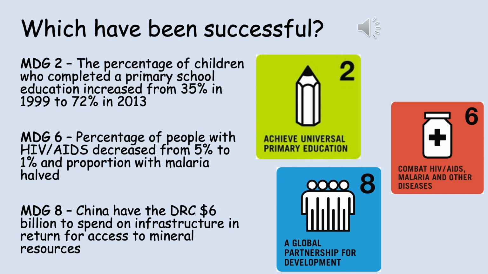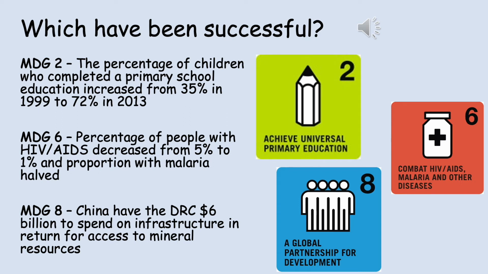So on the screen, you'll see that I've highlighted 3 particular Millennium Development Goals that have been relatively, but not completely, successful. MDG 2, which was to achieve universal primary education, is relatively successful. The percentage of children who completed a primary school education increased from 35% in 1999 to 72% in 2013, so it more than doubled.